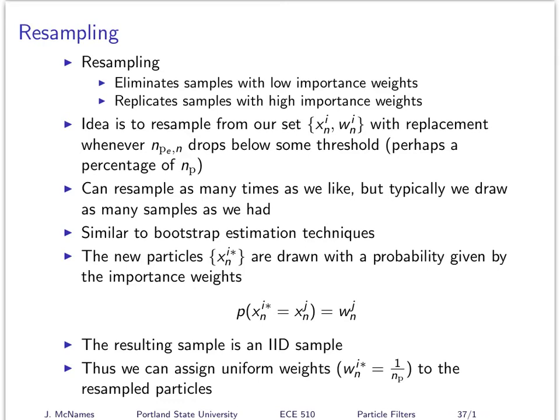Conceptually, an important idea to keep in mind is that we are reducing the diversity of the pool of trajectories, and that's good and bad. I'll say more about that, and about how to resample, in a few minutes.